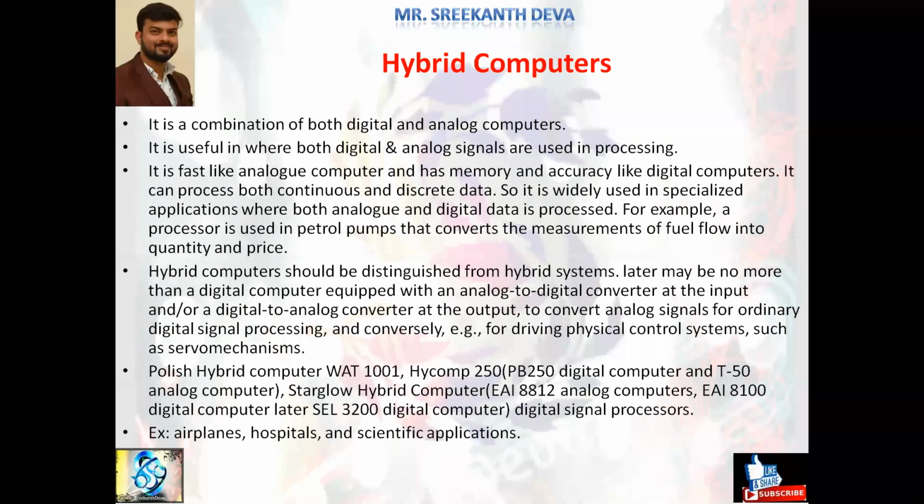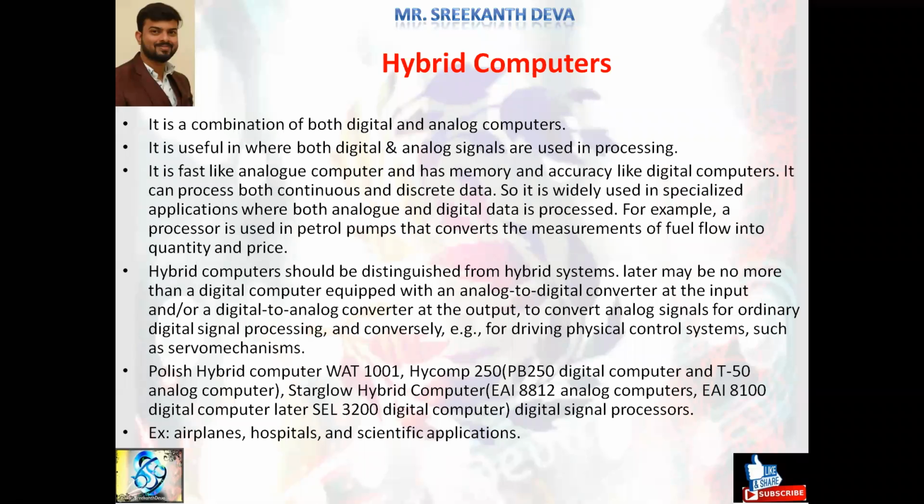It is fast like an analog computer and has memory and accuracy like digital computers. It can process both continuous and discrete data. See, continuous means analog computers. Discrete or discontinuous data means digital computers. This combination is called hybrid computers. It can process both continuous and discrete data.